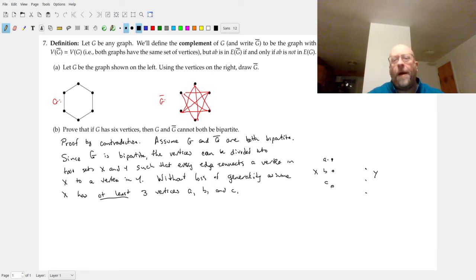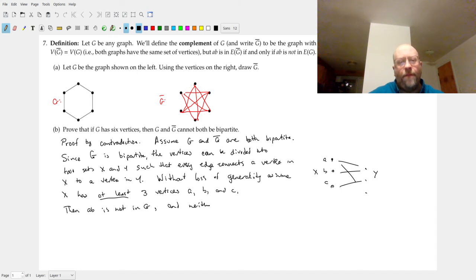Because the graph is bipartite and the edges all go from one set to the other, AB is not in G, because AB would connect 2 vertices in X. But then neither are BC and AC.